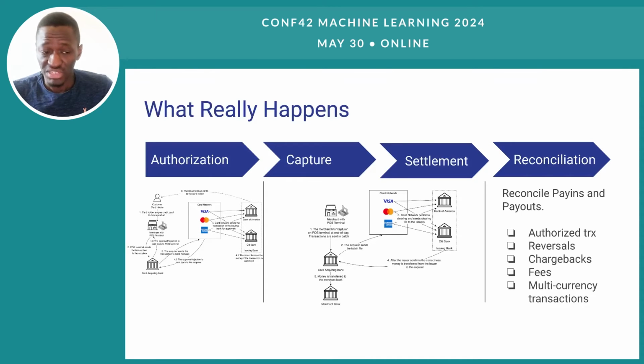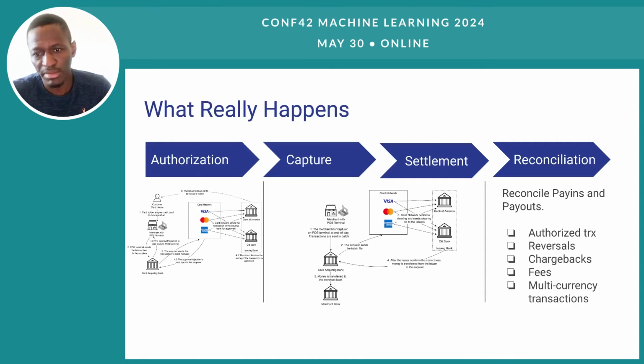And yet again, even though this process is technically the end of the card payment lifecycle, there's still reconciliation that needs to be done by some of these parties, especially the issuer bank. You need to confirm that the money that was paid in and the money that is paid out actually matches, right?